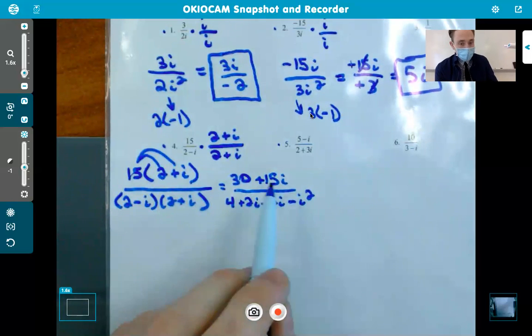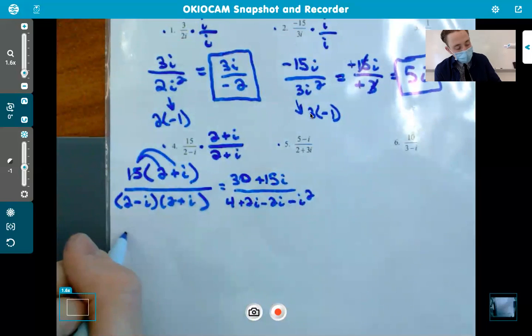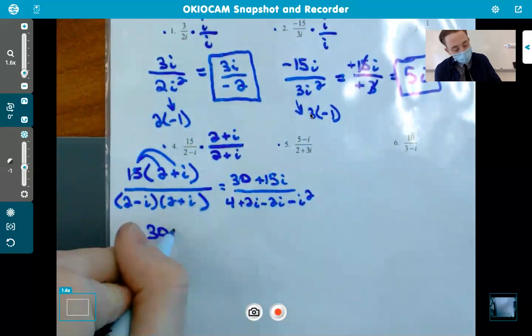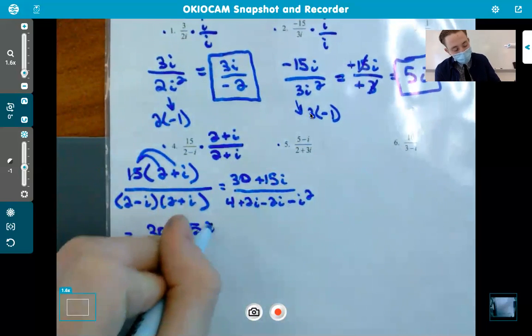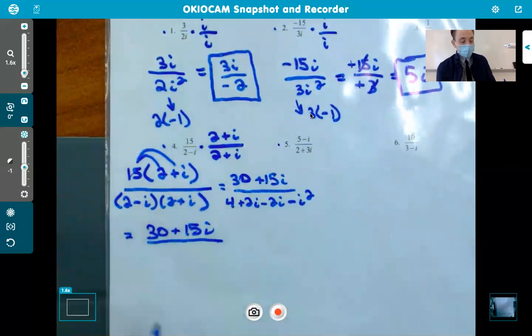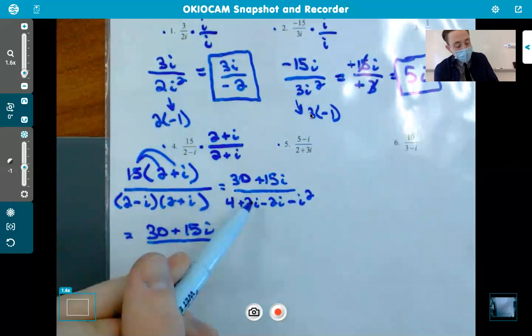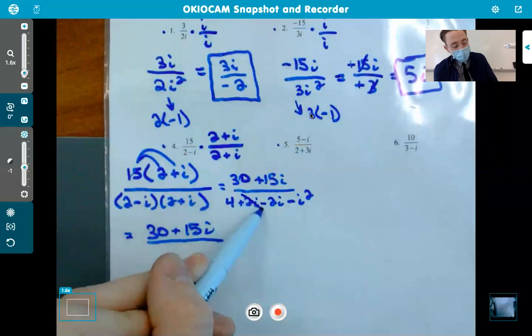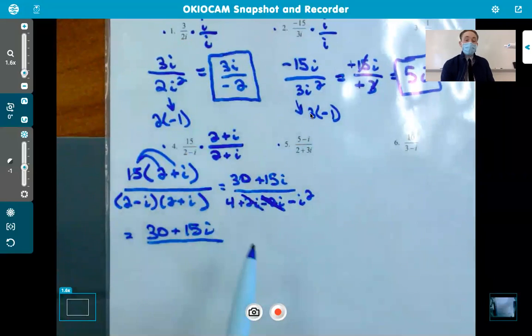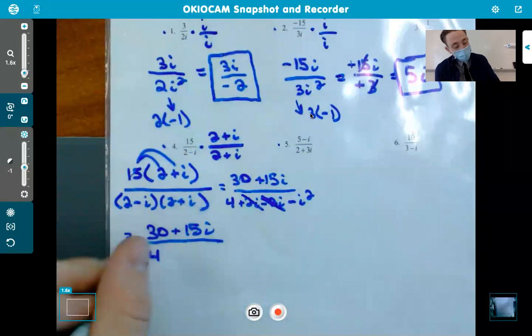Now what I'm going to do is combine like terms. In my numerator, it actually stays the same. Nothing combines there. In my denominator, the 2i and the negative 2i are going to cancel. This is always going to happen when you are simplifying by dividing, right? We're trying to get rid of the i's in my denominator, so they're going to go away. And I'm left with 4.